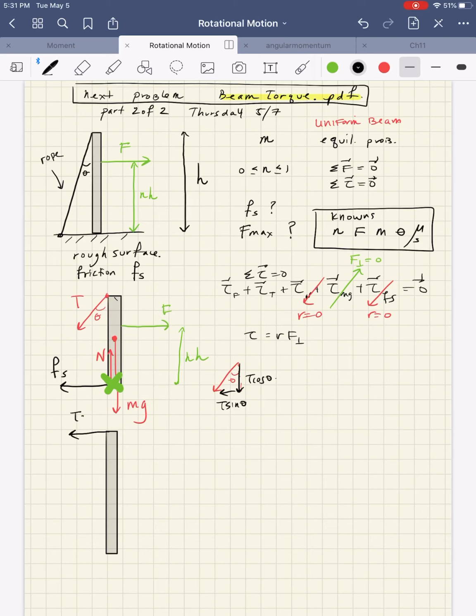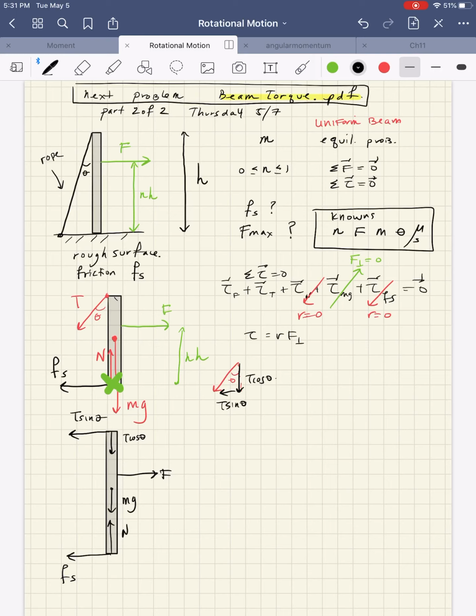So let me just replace T with T sine theta and T cos theta. And then I'll have this force of F here. Let's redraw this whole thing. And you guys see that I've been very careful to put the forces exactly where they're acting on the beam.